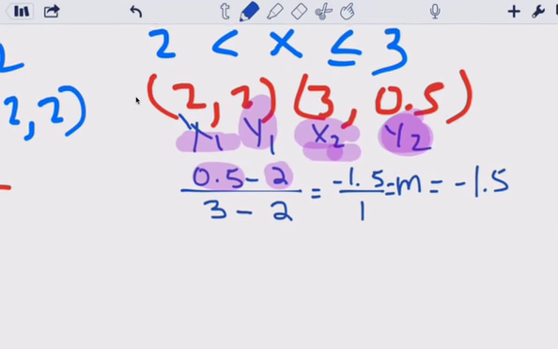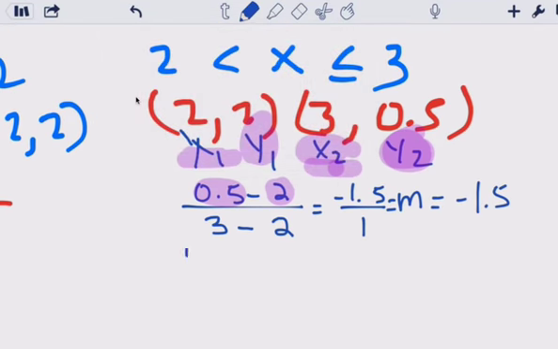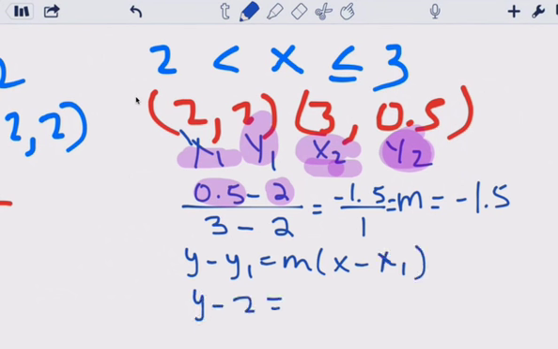Okay, you use point slope. Y minus y1 equals m parentheses x minus x1. Y minus 2 equals m, which is negative 1.5, times x minus 2.